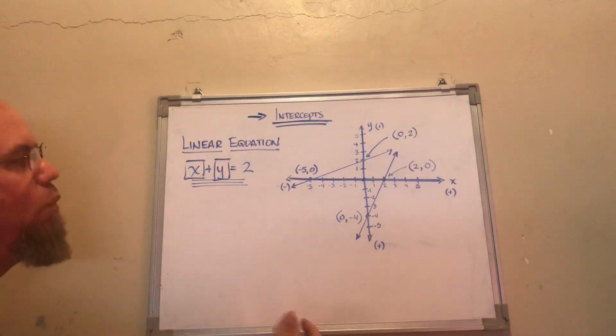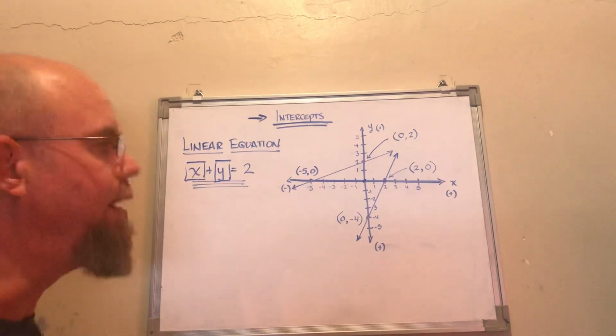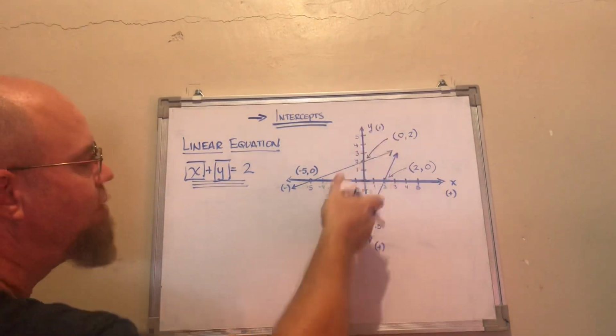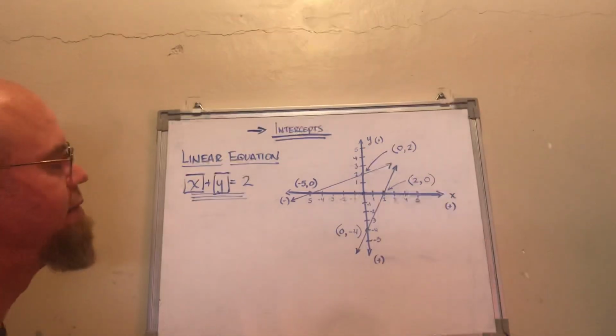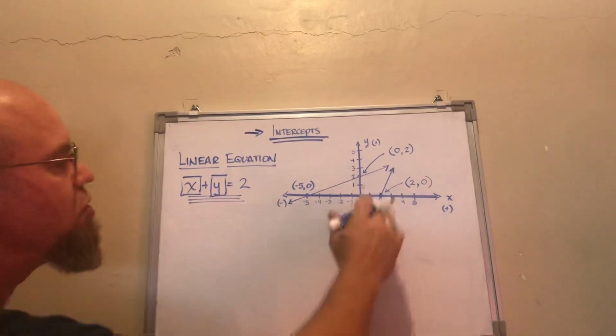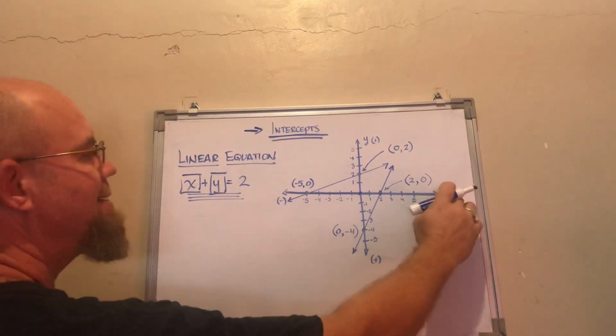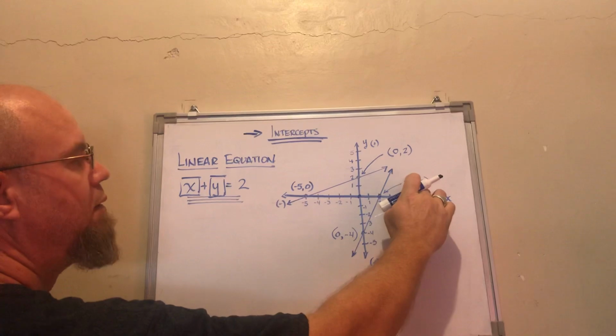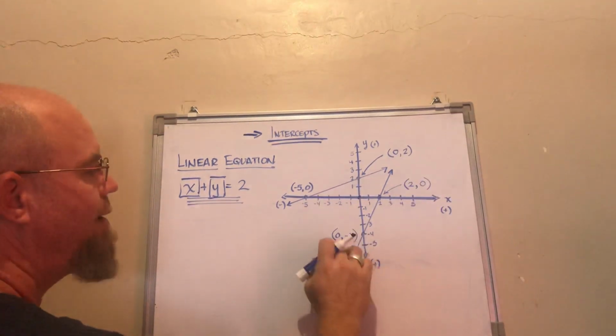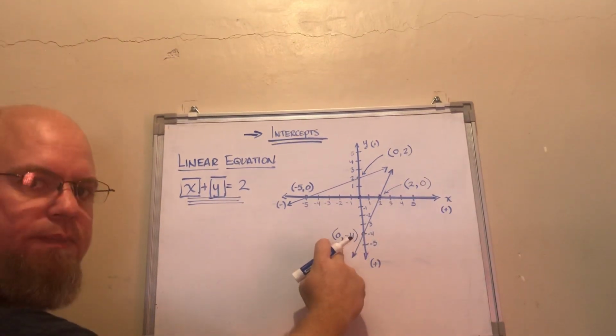An intercept is where that line crosses the x-axis and where it crosses the y-axis. And we just learned that the x-intercept is where y equals 0, and the y-intercept is where x equals 0.